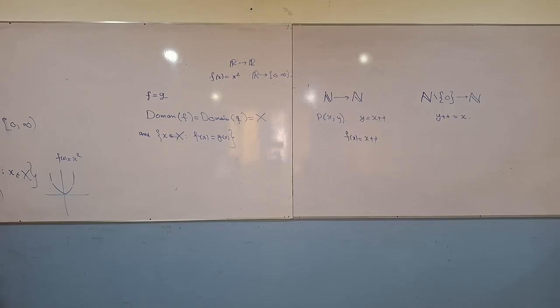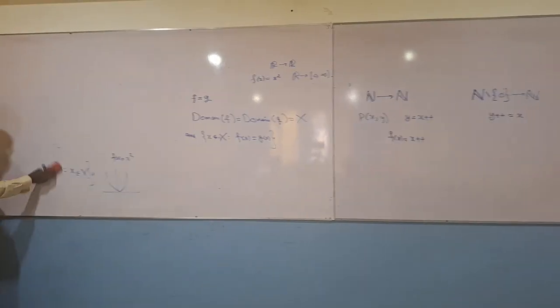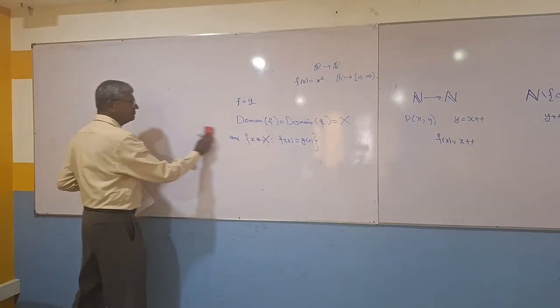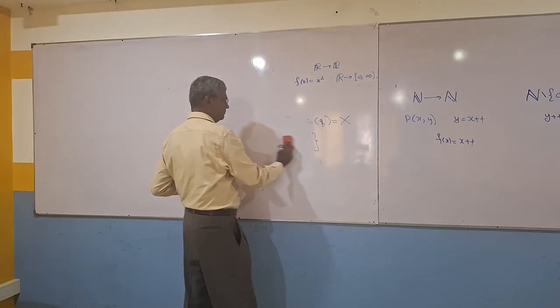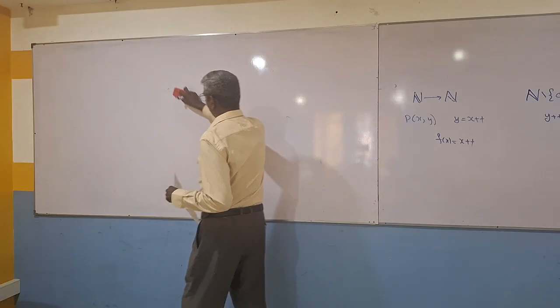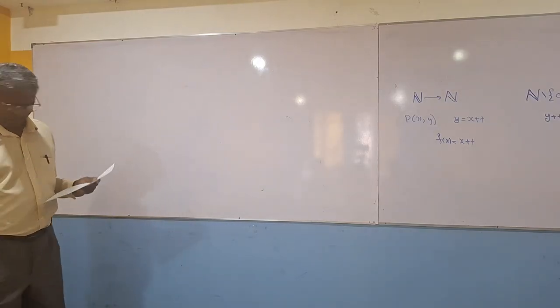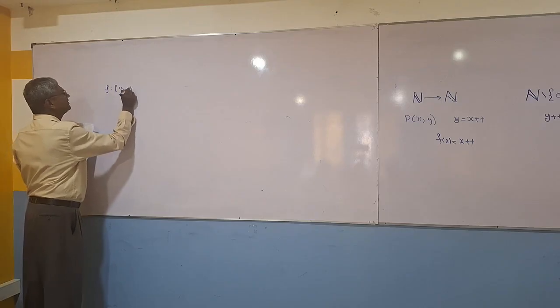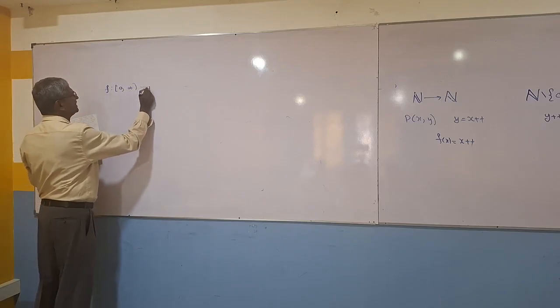Now what? Here I'm talking about one example. Let me spend a couple of minutes with it. I am considering f going from [0, infinity) to [0, infinity).